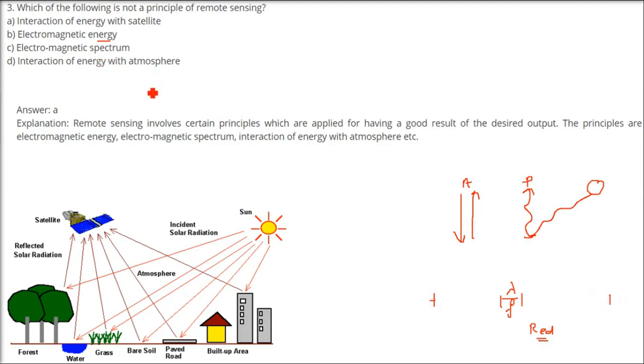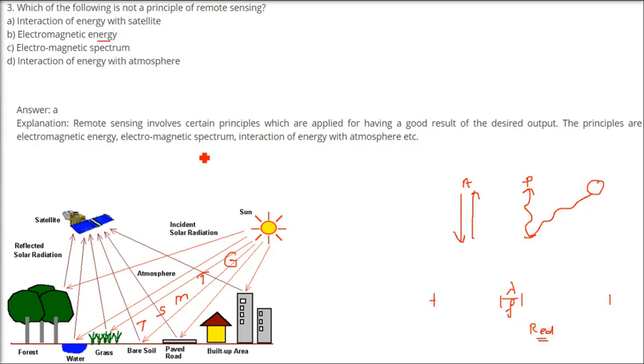Then interaction of energy with atmosphere is also important. The energy comes from some source and interacts with different objects. We have different layers: troposphere, stratosphere, mesosphere, thermosphere and exosphere. All these have different ions, layers and formations.